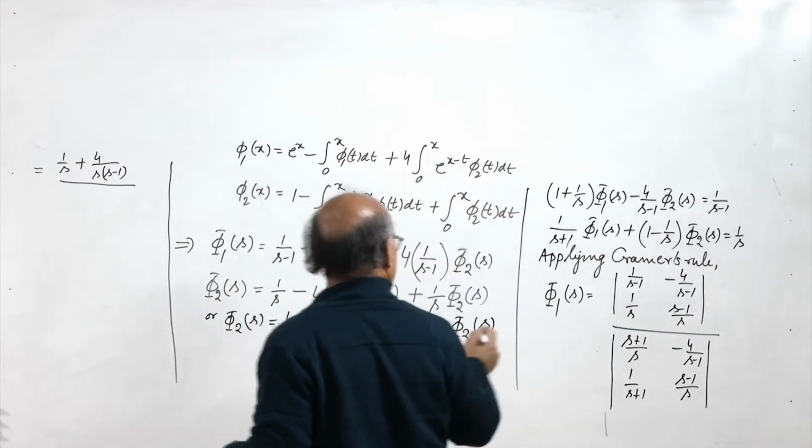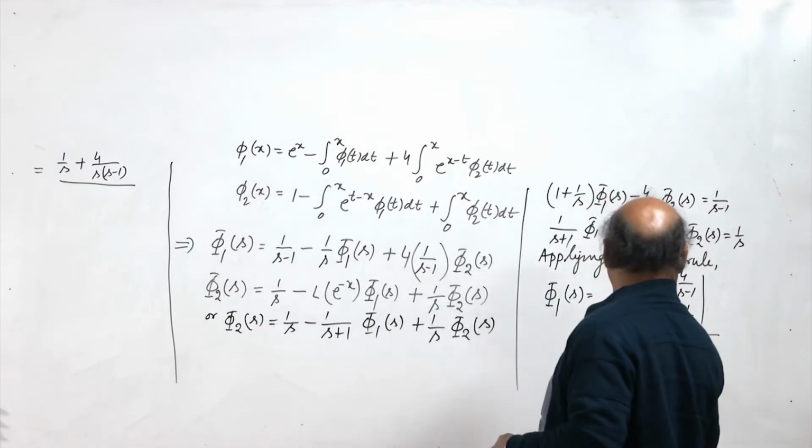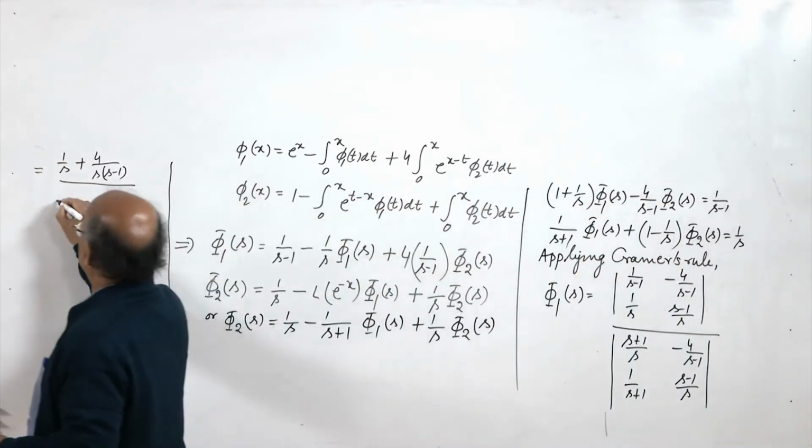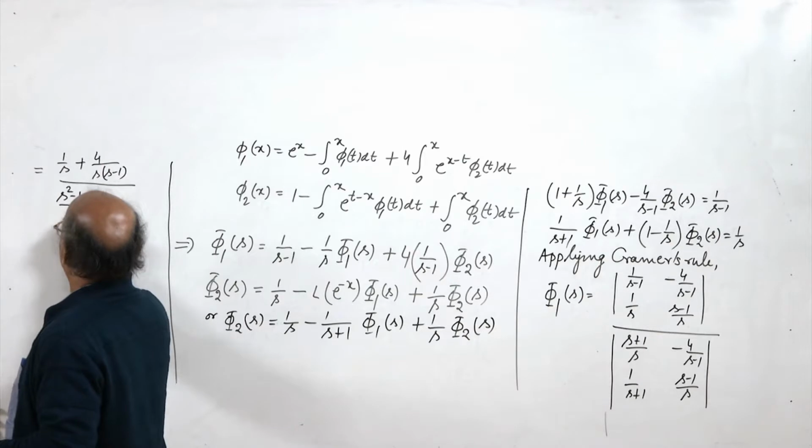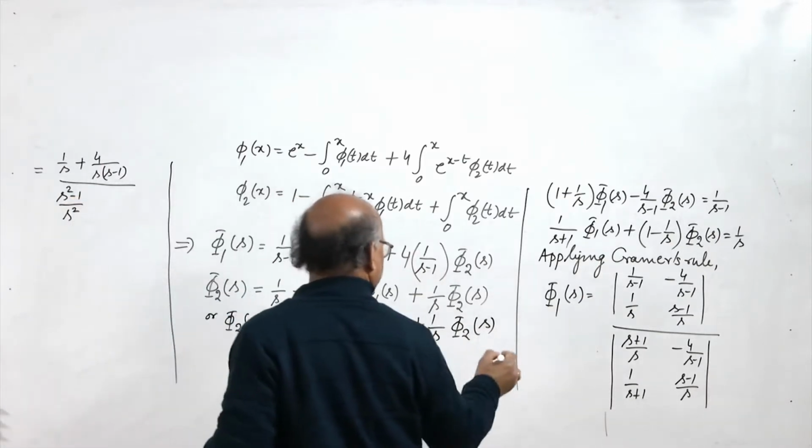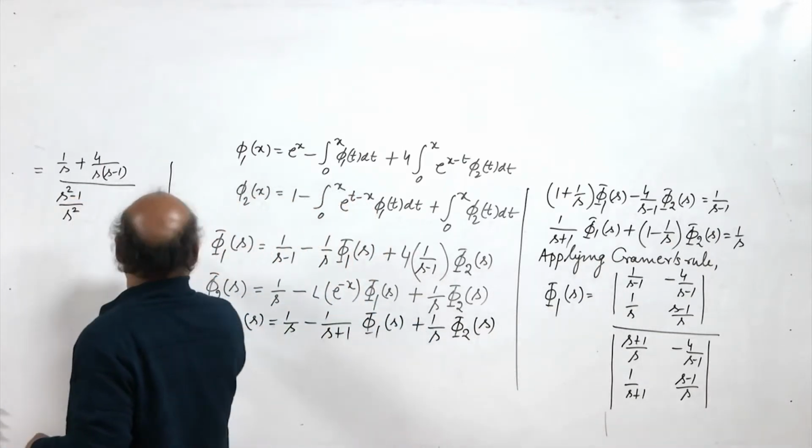Then in the denominator we have s square minus 1 by s square, and we have plus 4 upon s square minus 1.